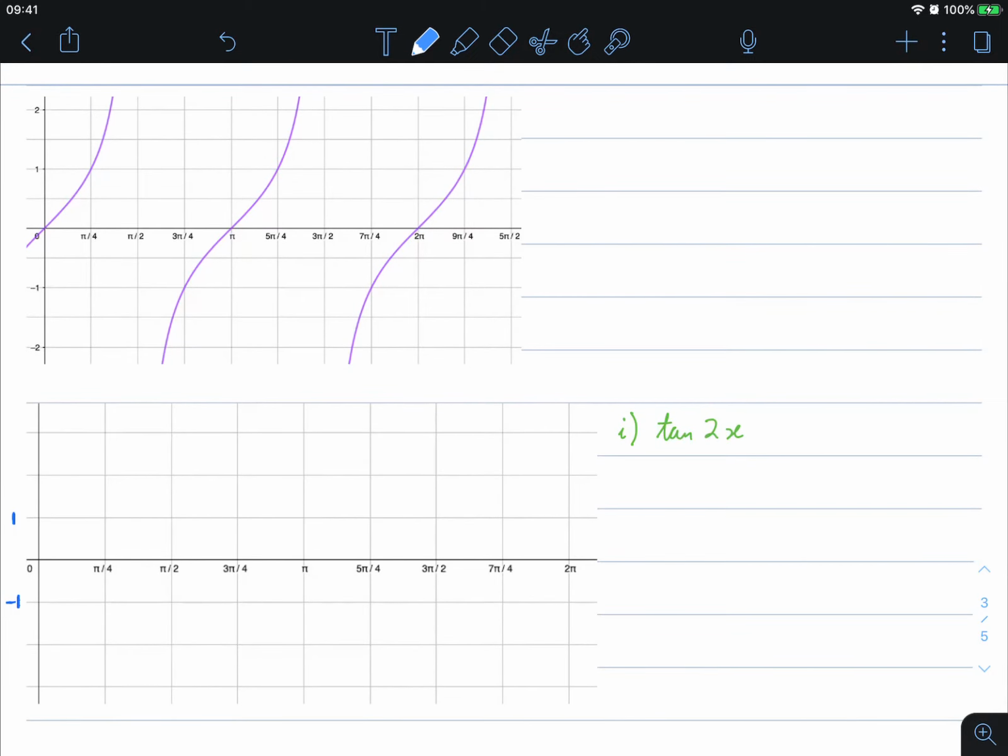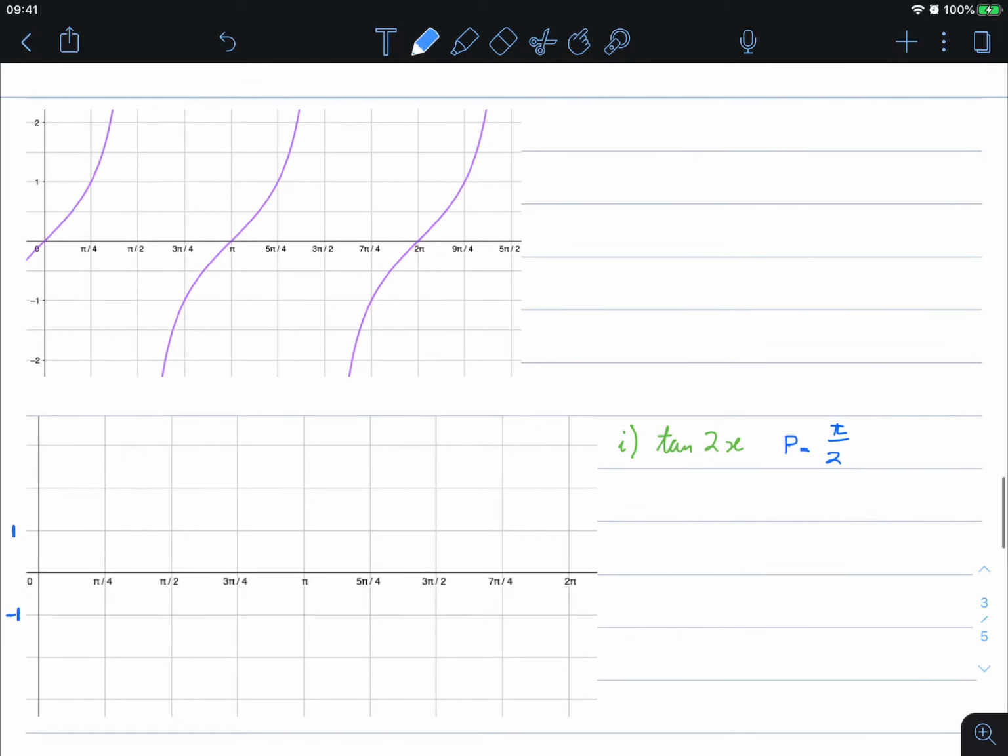First, we should always find the period, which for tan is always going to be pi divided by the coefficient here, so divided by 2. That means that it is pi on 2. So this one cycle, remember, is normally pi, it stops here. That cycle repeats, like so.